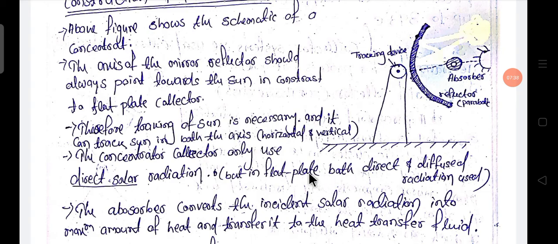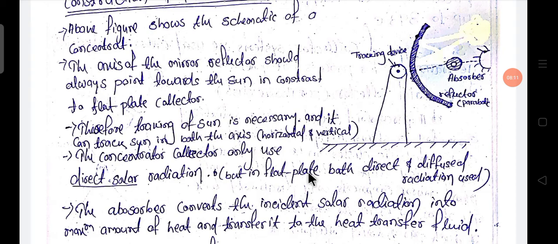Okay, and one of the differences between the flat plate collector and the concentrating collector is that in a flat plate collector, both direct rays and diffused rays, or indirect radiation, are received and used. But here in the concentrating collector, only direct radiation is used.